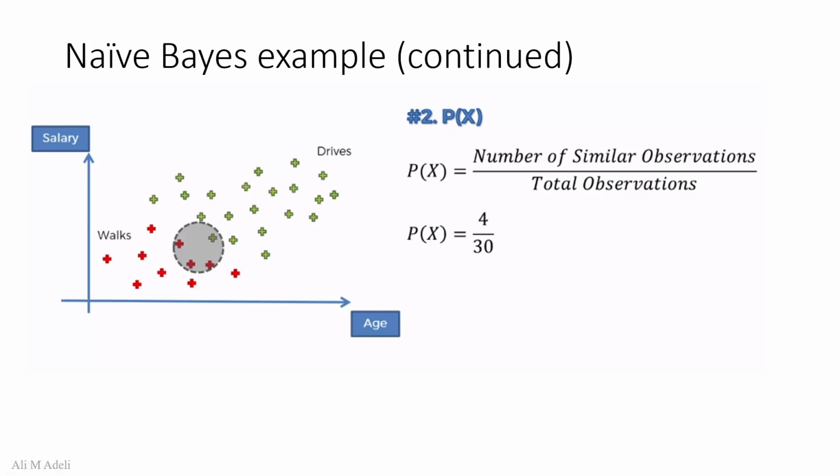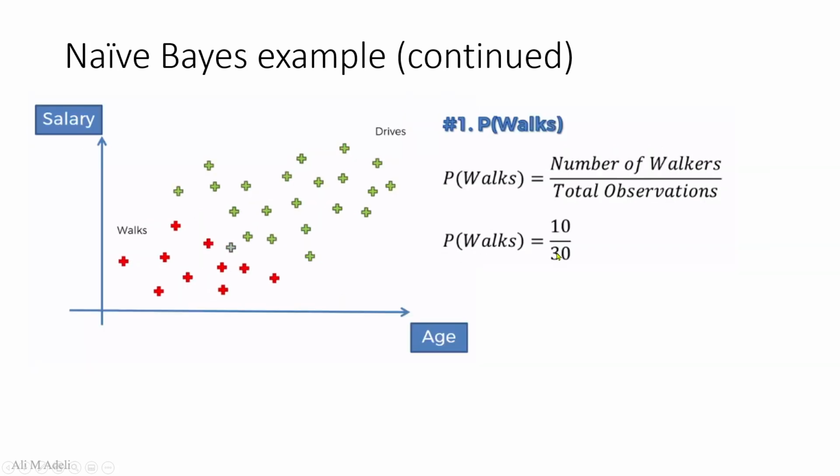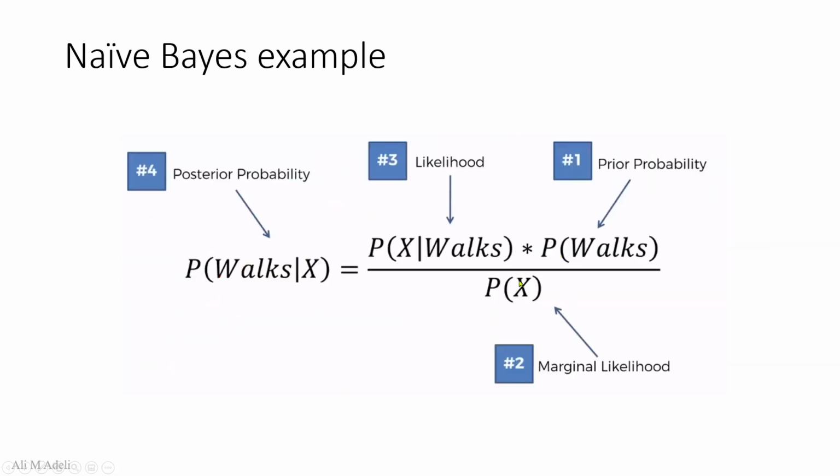So we're going to use a distance, some threshold basically, and consider any observations we have so far that fall within this threshold. Think of it as a circle around the center. It turns out we have 4 observations out of 30.